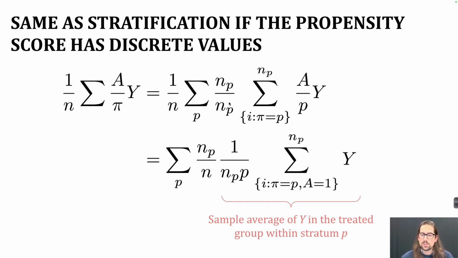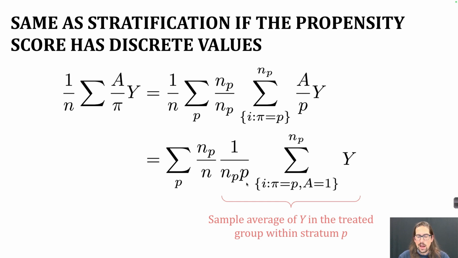So, and then here I've introduced a factor of 1. So this is exactly the same as this. I've just broken up the sum, and I've just multiplied by 1 in here, which does nothing. Now you notice that within this group, p is a constant number because everyone has p_i equals p. That's also why I was able to replace p_i with p. Everyone in this group has this value p, so I can pull the p out as well and put that here, and then I can pull this n in, so I have n_p over n, and then here I have a 1 over n_p times p.